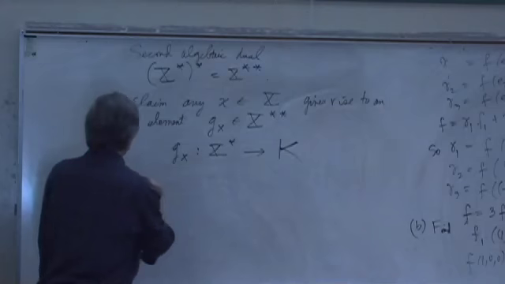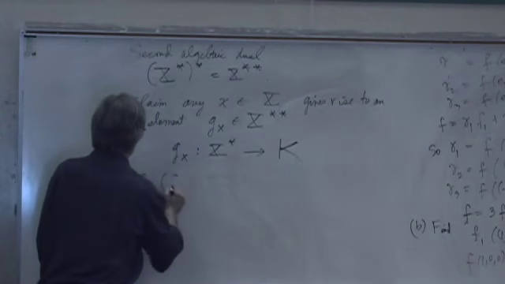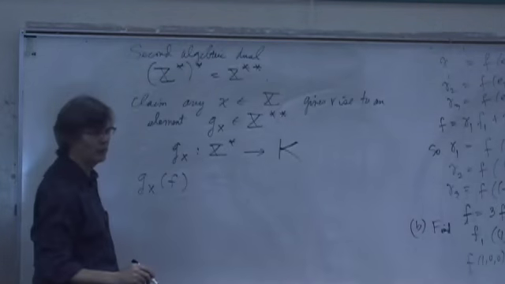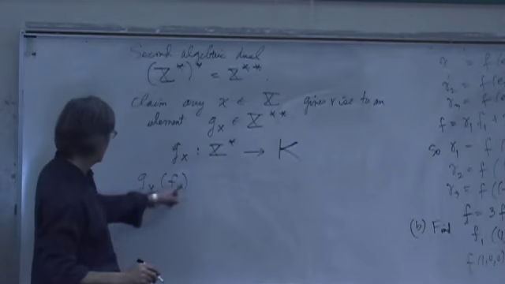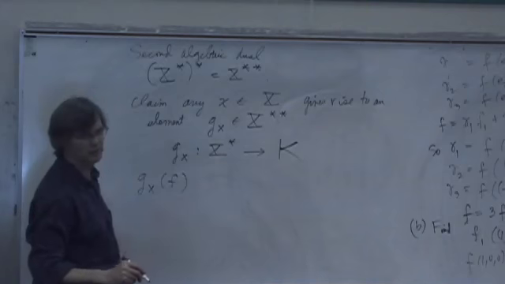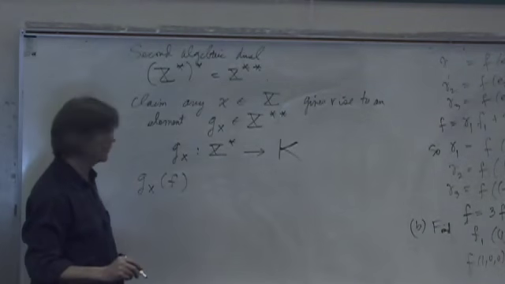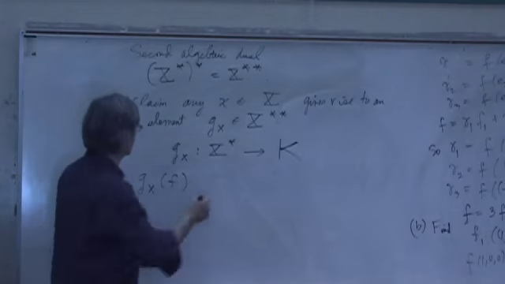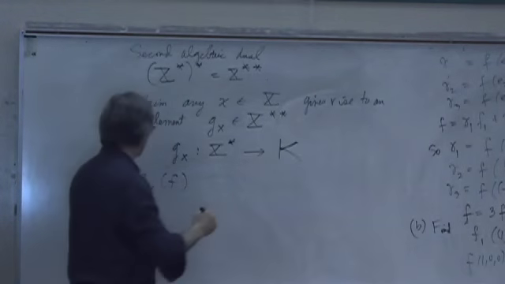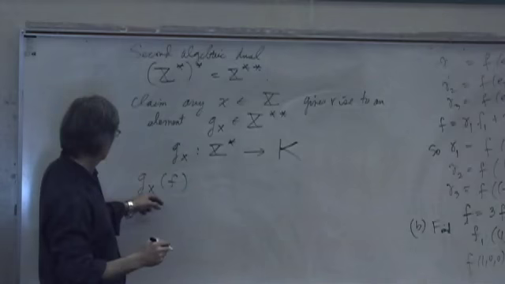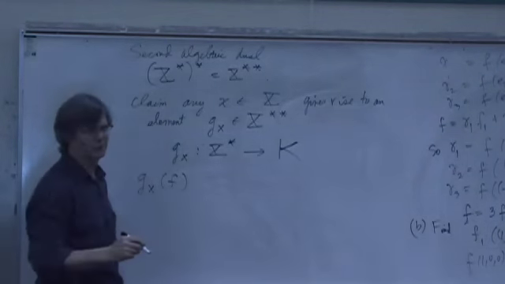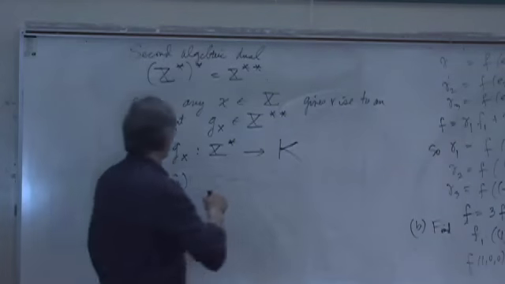What's g? So I have to take g sub x of f. How is x going to come into this formula? So f is going to be something in the dual space of these linear functionals, and g of x is going to be a linear functional on the dual space. So how could that be?